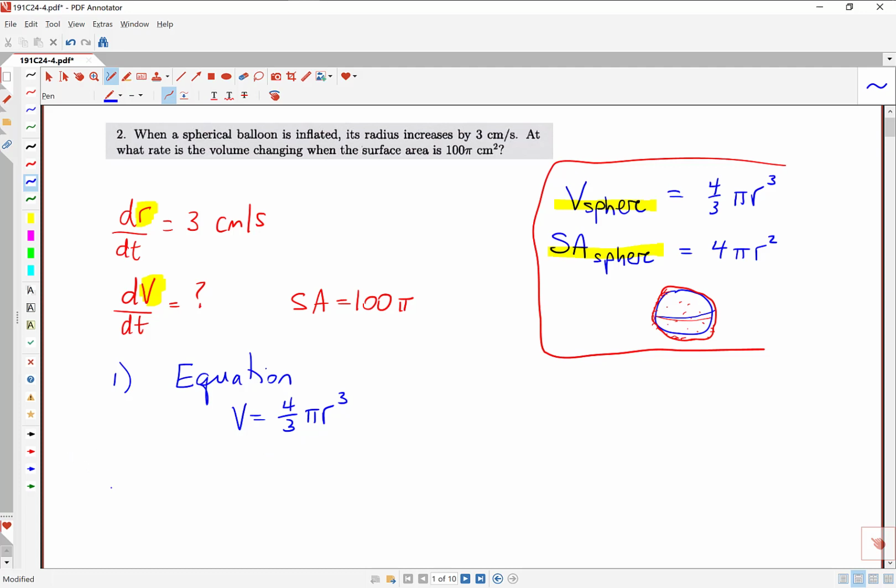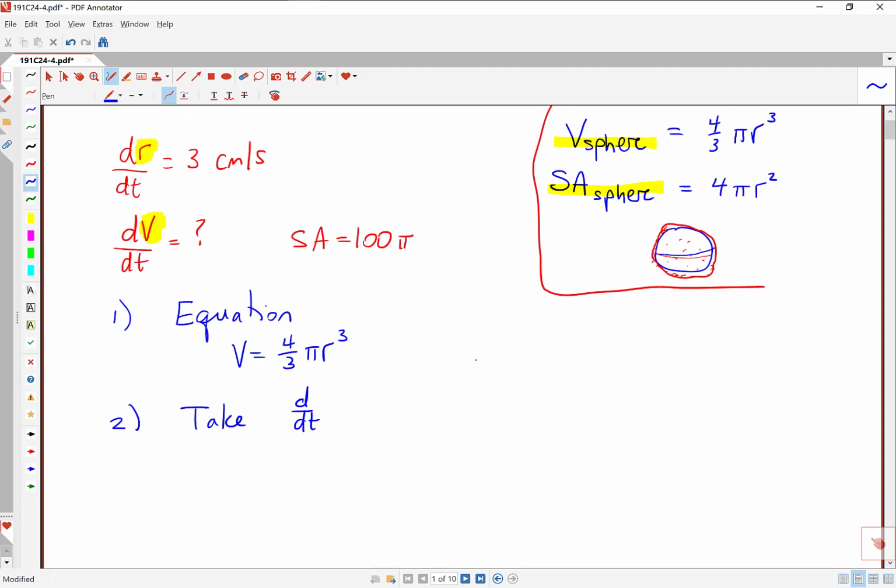And then we can think about taking a derivative. So step 2, what did we do in step 2 in our previous problem? We took the derivative with respect to time all the way across that equation. So on the left side, we would have dV/dt. On the right side, we would have a chain rule coming into play. We would take the derivative with respect to r.